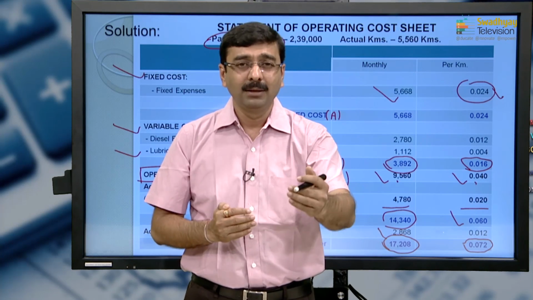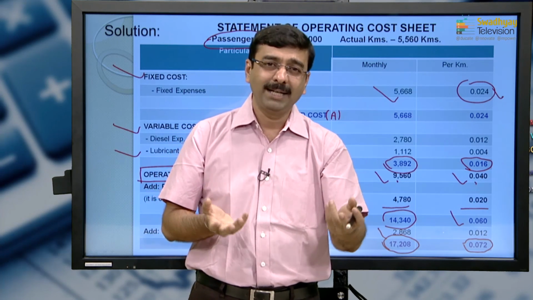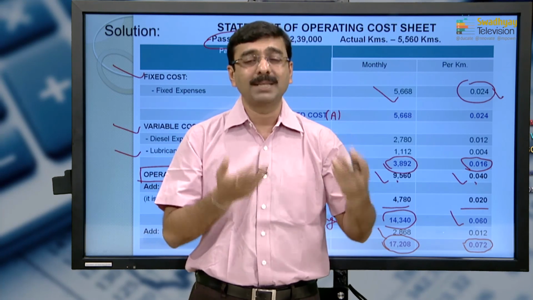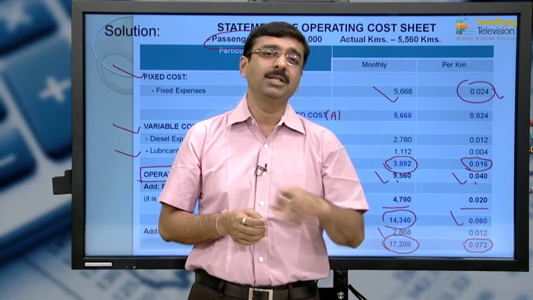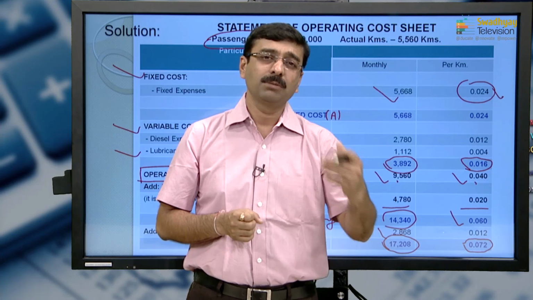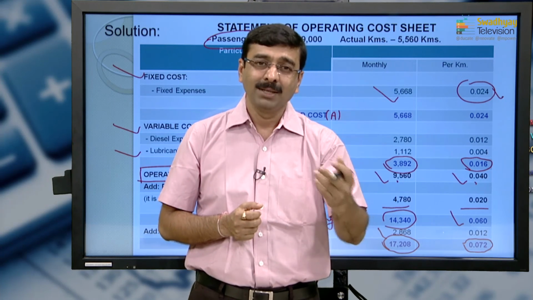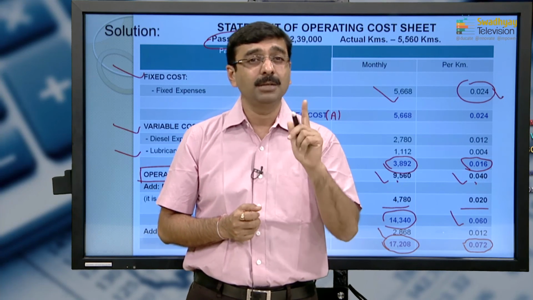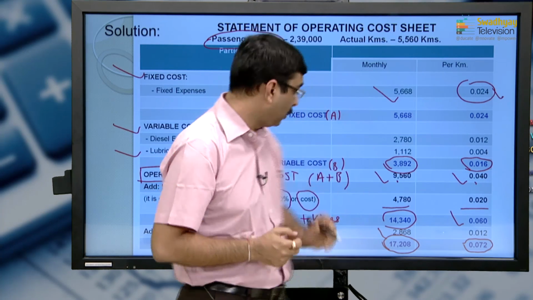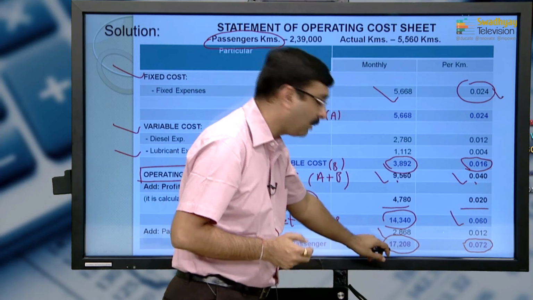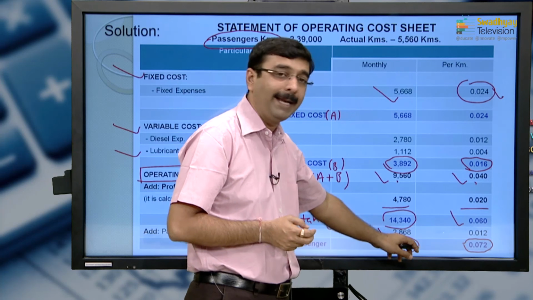Then we add profitability on that and find out the net takings. Then they asked to charge the passenger tax. We add passenger tax on that, and then we find out per passenger per kilometer how much freight they would charge. This is the first answer, per passenger per kilometer, which is 0.072. The total amount of freight is 17,208.